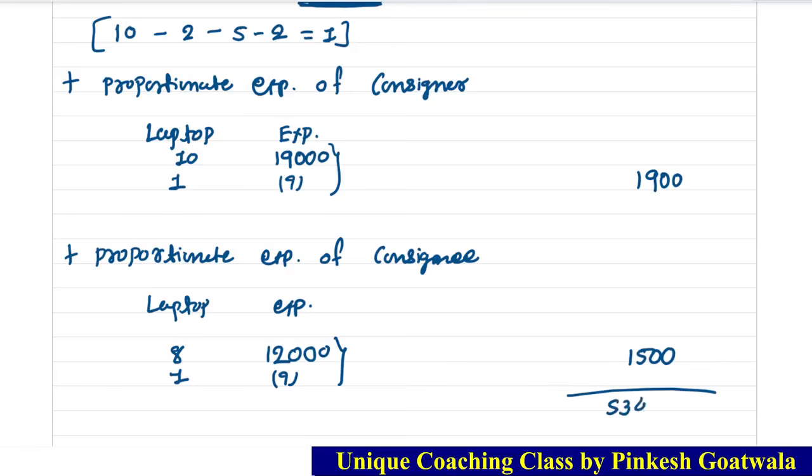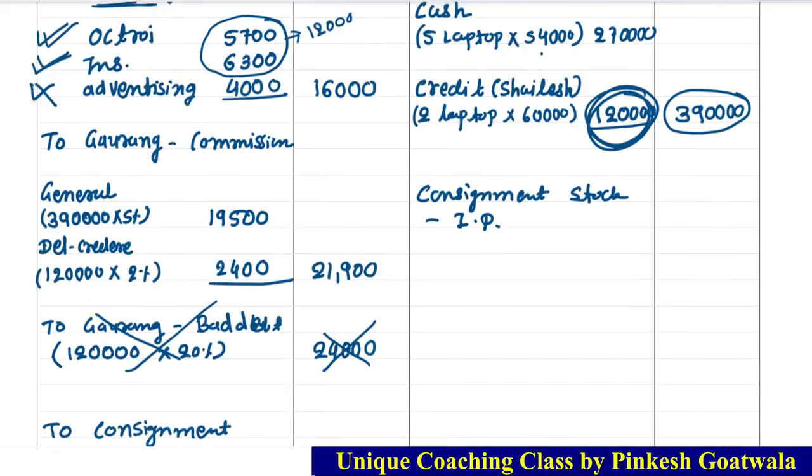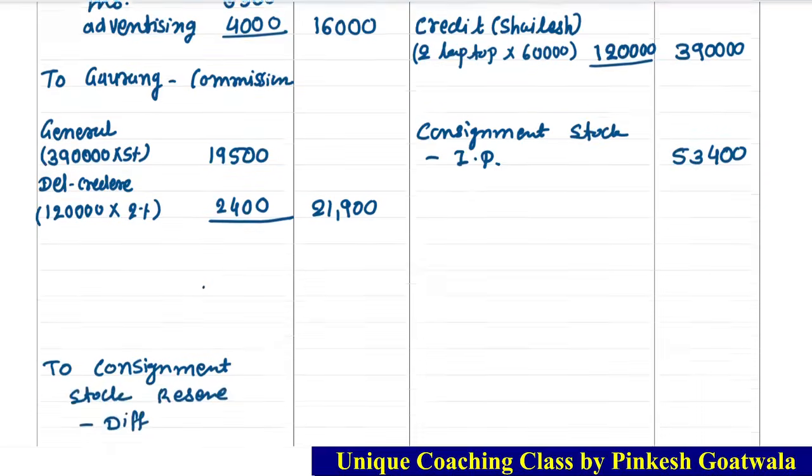It is the closing stock. So we have to show in the consignment account 53,400. And remember, here we saw which effect? We saw invoice price. Okay, we have to give the effect of difference also. Difference this side.